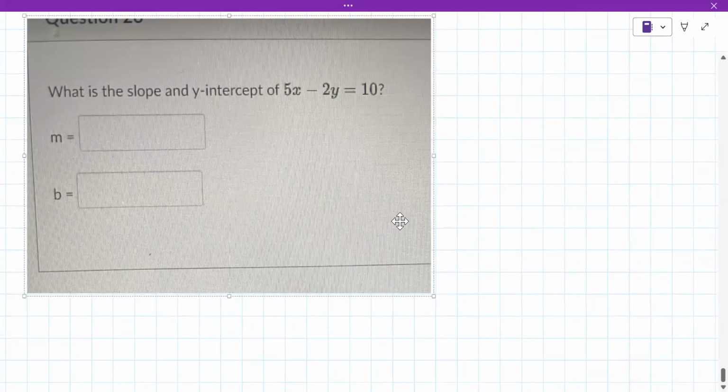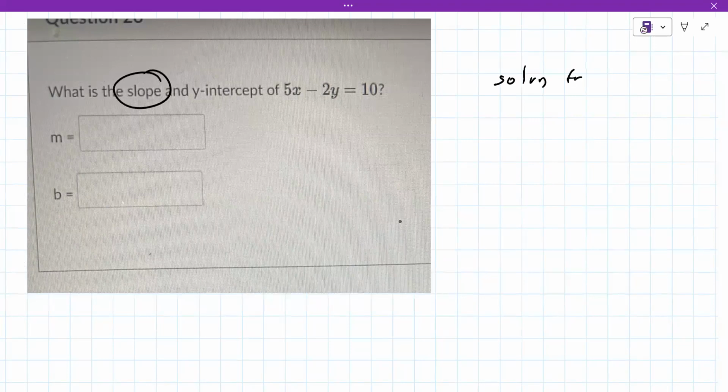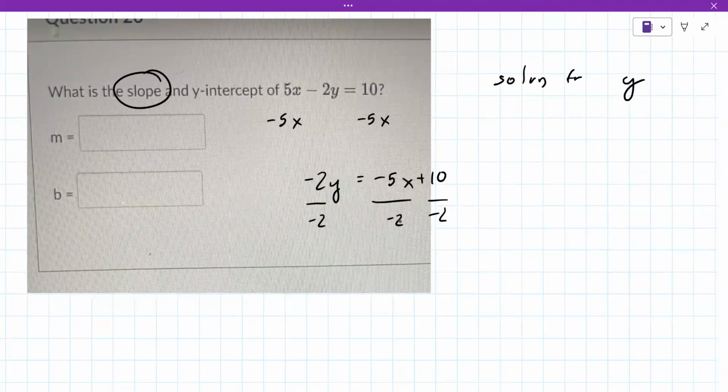All right. So the slope, you get the slope from solving for y. And you're right, this is from algebra 1. This is last year. Maybe even did it before that. You subtract 5x from both sides. Minus 2y equals minus 5x plus 10. Divide by -2. So y equals 5 over 2x minus 5.